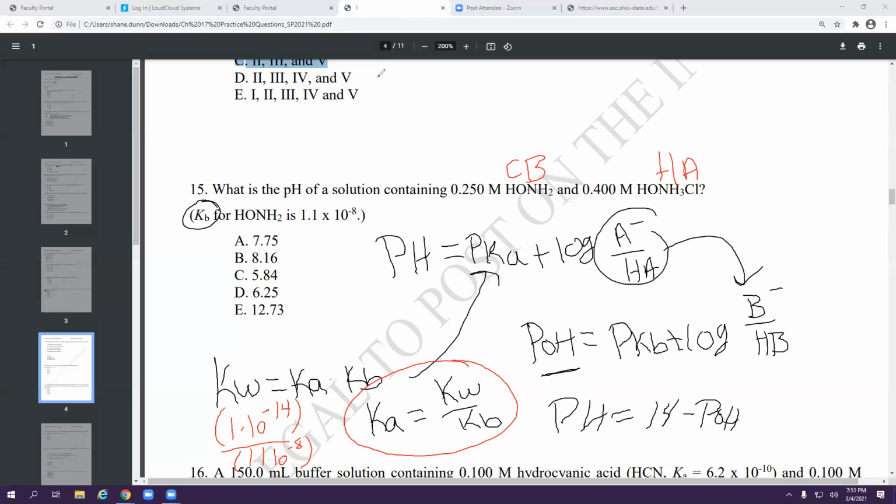But when doing it with POH, you flip them around, in which this becomes the B and this becomes the A. You also flip those around. I forgot to mention that. Why? It's just because that's how the equation works. Because you're not doing the pH, you're doing the POH to the pH. They're kind of opposites of each other. That's why.